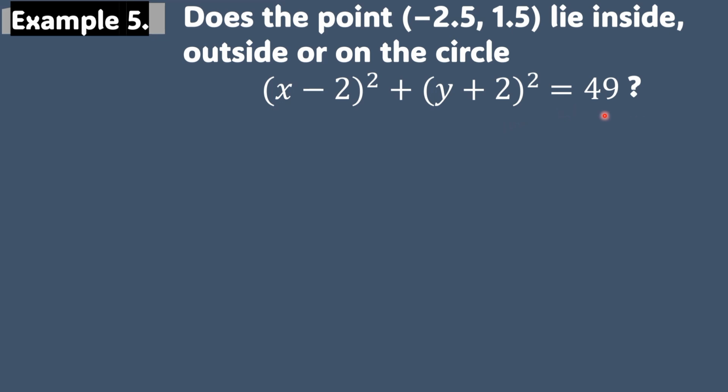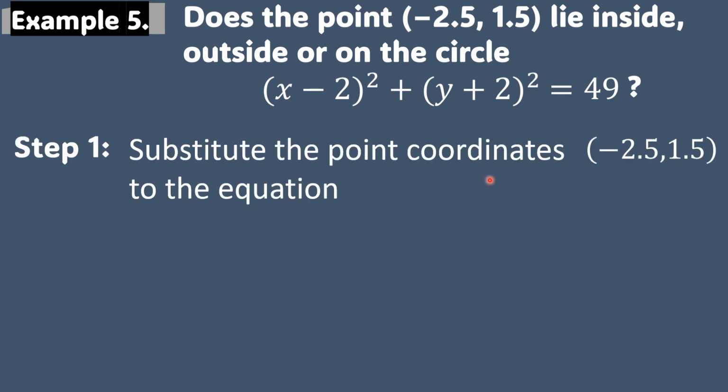Let's go through the steps again with the coordinates of the point, but skipping step 1 since the equation of the circle is already given. So step 2 will be our step 1 in this example.